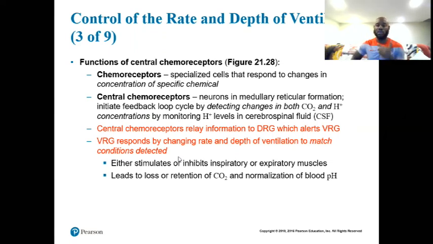My CO2 levels in my blood rise. My nervous system is aware of that, my chemoreceptors pick up on that. My DRG and VRG recognize it and cause me to breathe faster.